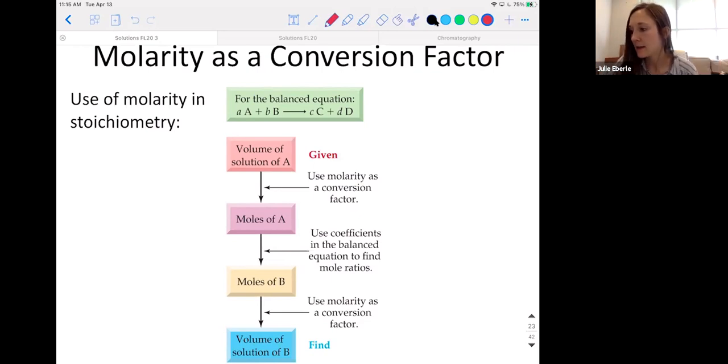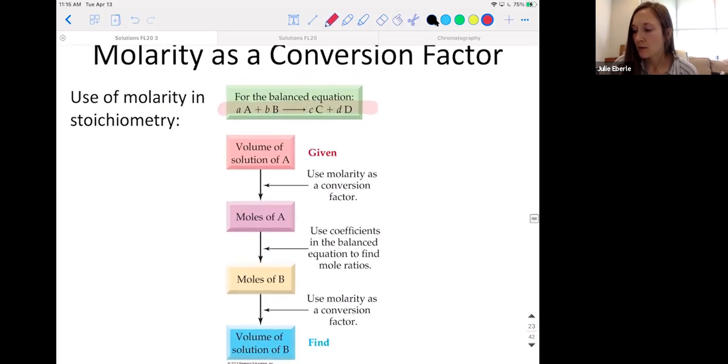So if we have this balanced chemical reaction right here, A and B makes C and D, what kind of question would apply here? Let's say you're given 1 liter of substance A, and you know the molarity is 0.5 molar.